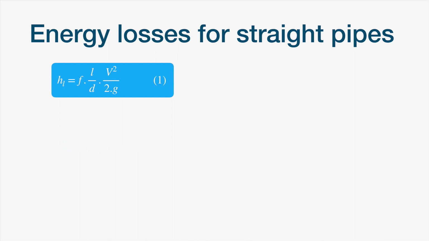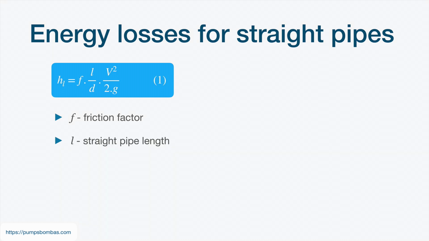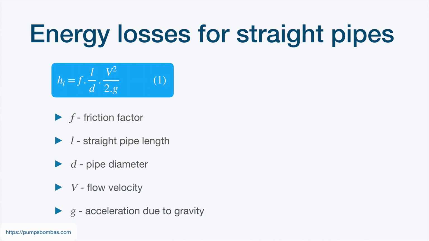I mean the square velocity divided by 2 multiplied by acceleration due to gravity. f is the friction factor, L is the straight pipe length, D is the pipe diameter, v the flow velocity, and g the acceleration due to gravity.